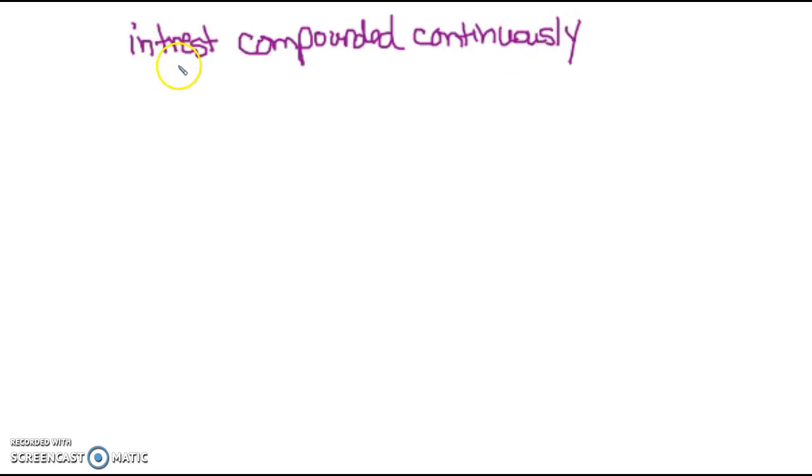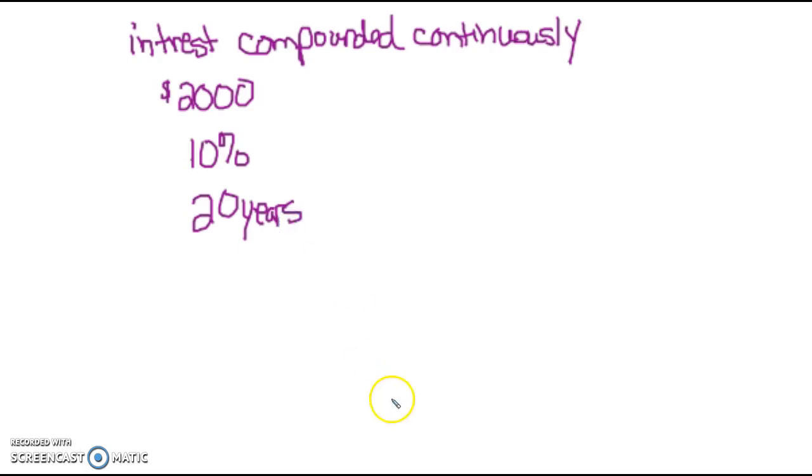We said $2,000, right? $2,000 at what percent? 10% for how many years? 20 years. Then you are going to write your formula. If you see compound continuously, you should automatically say P E to the RT.